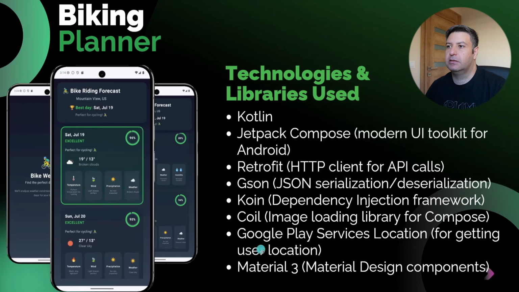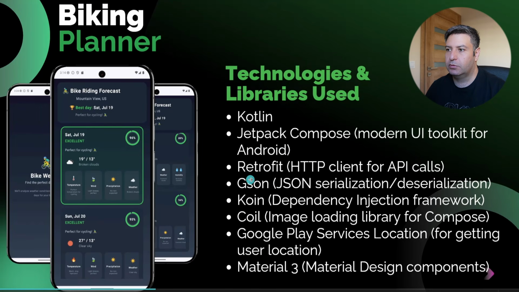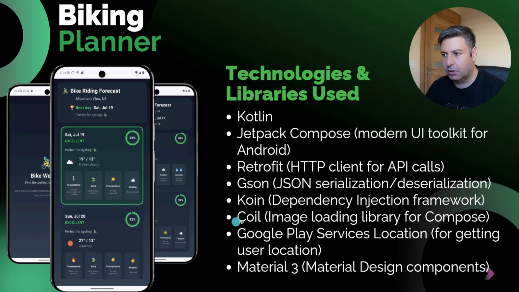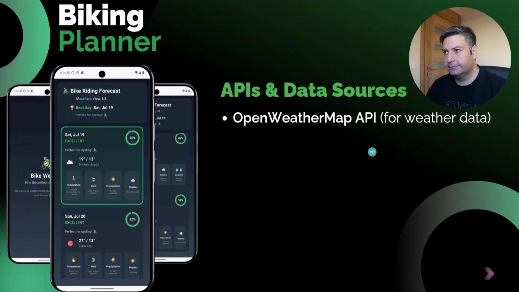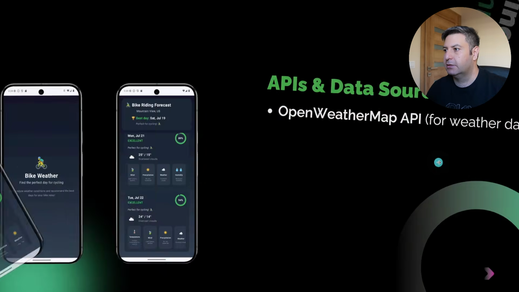It has these technologies: Kotlin, Jetpack Compose, Retrofit, JSON for serialization and deserialization, Koin for dependency injection, Coil to display images and icons, Google Play Services Location to check your location, and Material 3 to design the layout. We use the OpenWeatherMap API to fetch the weather data.